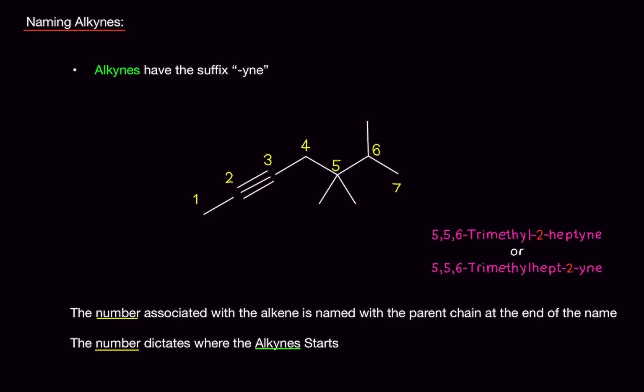So you can call it 5,5,6-trimethyl-, and now you need to signify where the alkyne is located. You are going to put the number where the alkyne starts. Even though the alkyne is part of both carbon 2 and carbon 3, you put the lowest number in the name. So it's going to be -2-heptyne.